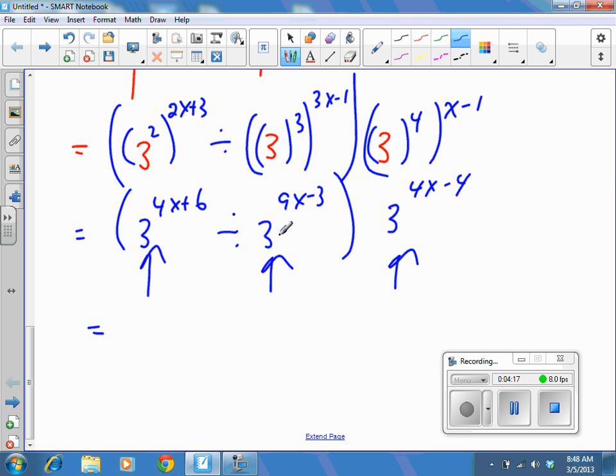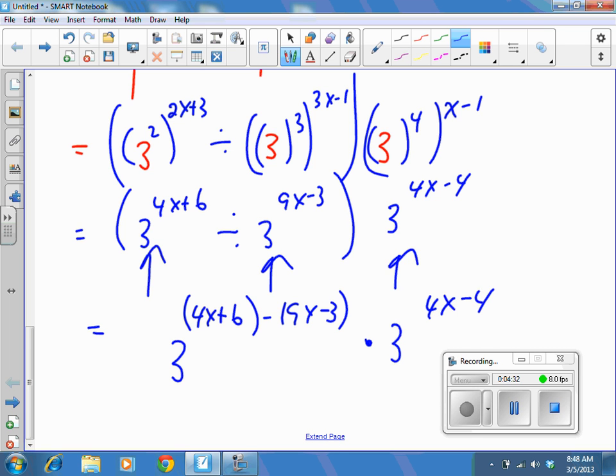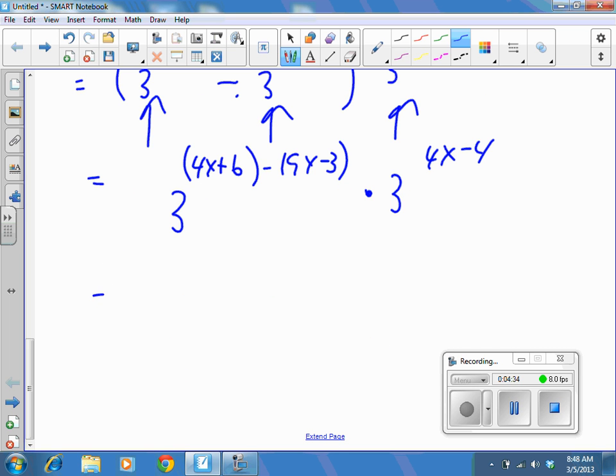When the bases are the same and you're dividing, you leave the base and you subtract the exponents. 4x plus 6 minus 9x minus 3. You can multiply that by 3 to the 4x minus 4. Simplify. Common error for some students would be that they would not put this in brackets, and then of course there's a problem.